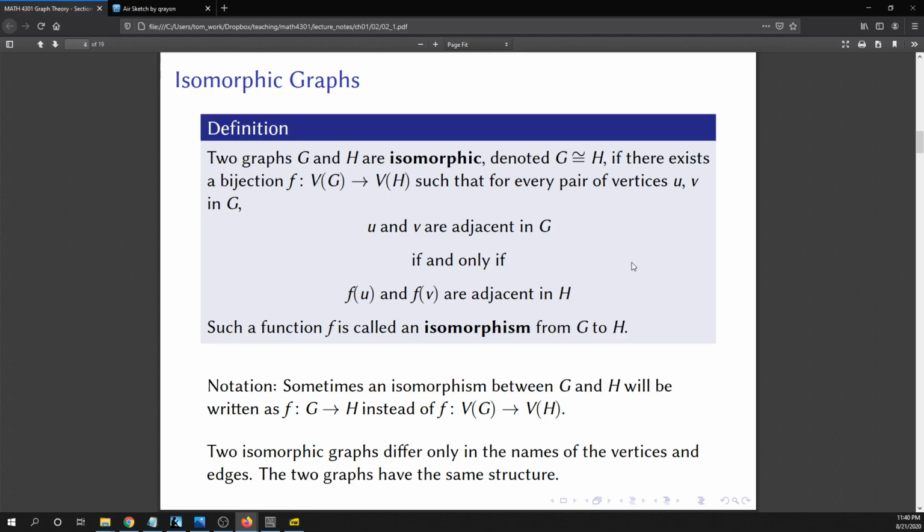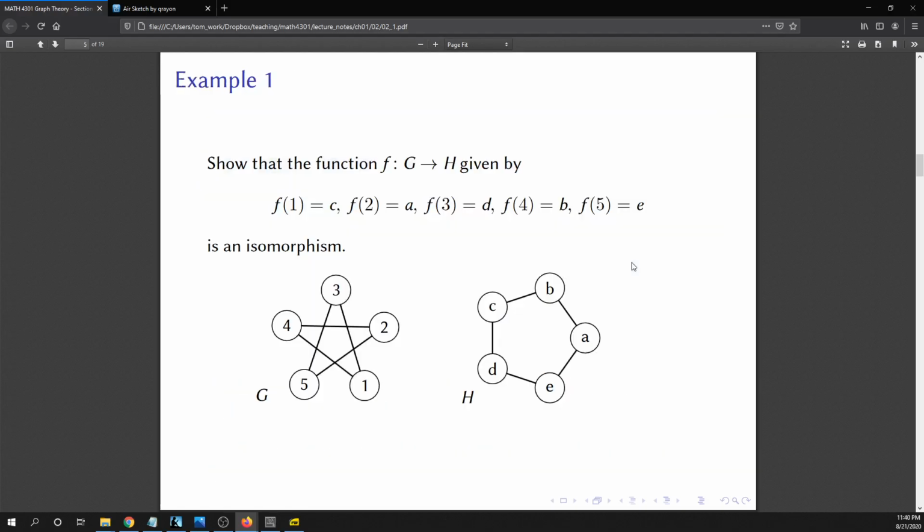So let's take a look at some examples. In these two examples, example 1 and example 2, I'm just going to give you a bijection from the vertex set of one graph onto the vertex set of another graph, and then I want you to determine whether or not it's an isomorphism by looking at the properties.